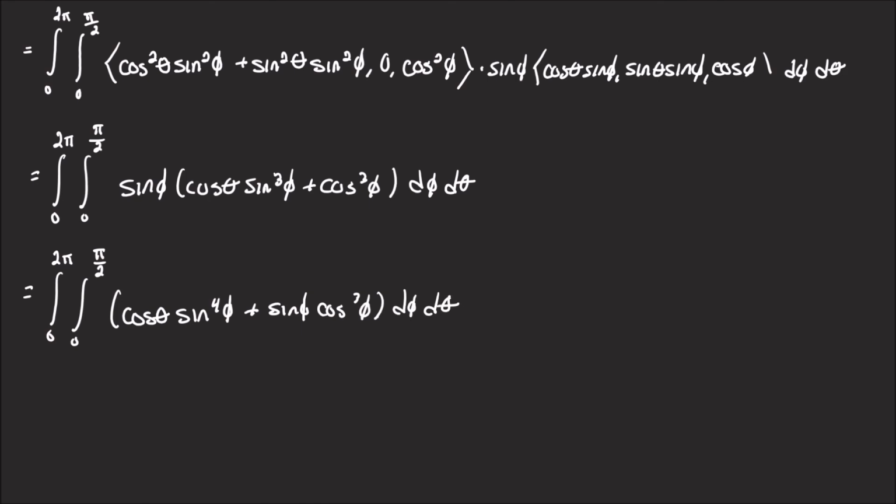Now, the period of cosine of theta is 2 pi, so if we go about integrating from 0 to 2 pi, that term will just integrate out to 0. So really, this is the same as doing the integral from 0 to 2 pi, integral from 0 to pi over 2 of sine phi cosine cubed phi d phi d theta.